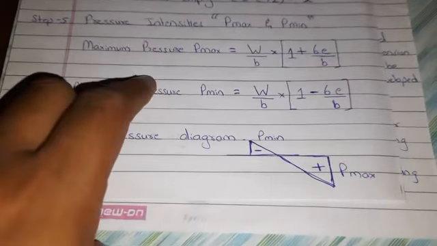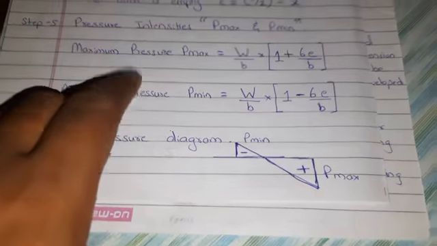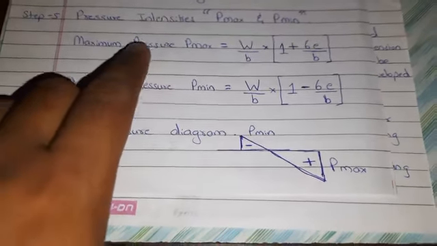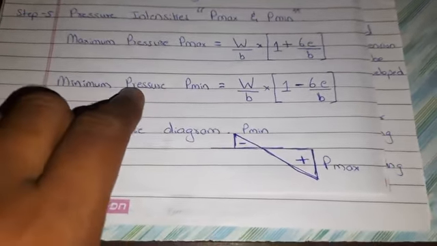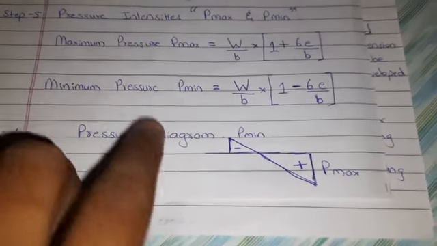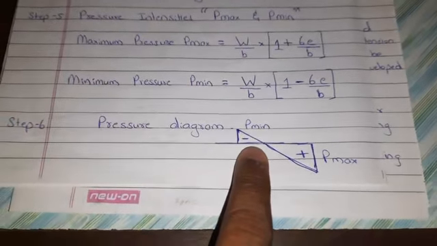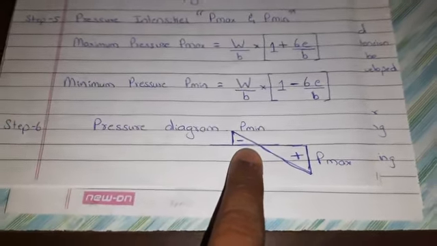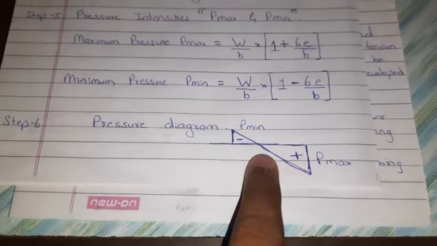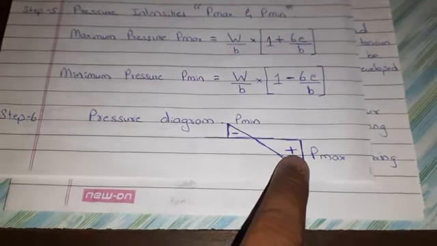Whatever values we get from step number 5, the maximum pressure and minimum pressure intensity, we have to draw in the form of a diagram. As we have drawn shear force and bending moment diagrams, here also we draw a maximum intensity diagram and a minimum intensity diagram.